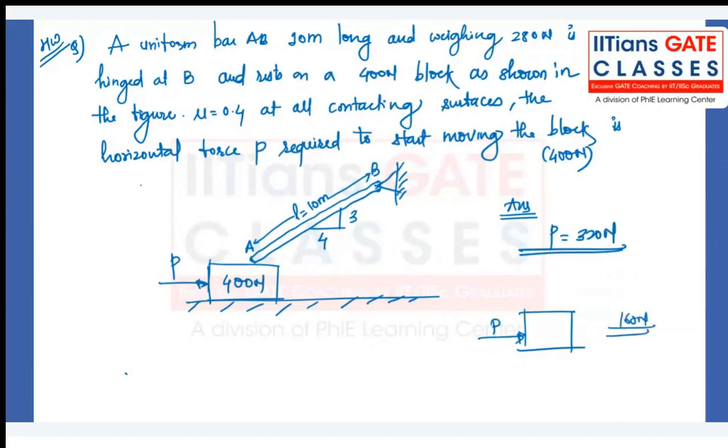But we are putting a bar on it, so we are adding more opposing force to the movement of the 400 Newton block. So with that condition, the load will be more than 160. You have to calculate it, and you should be getting it as 320.